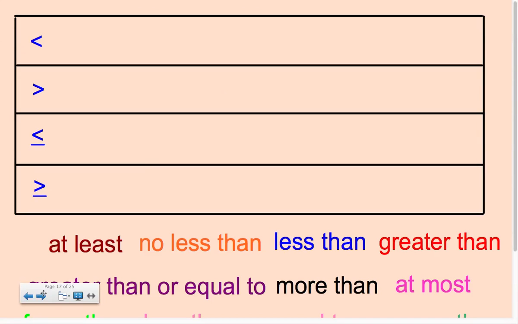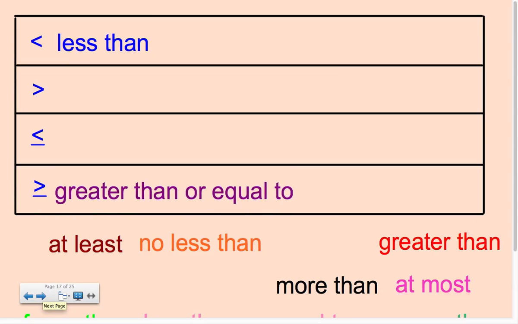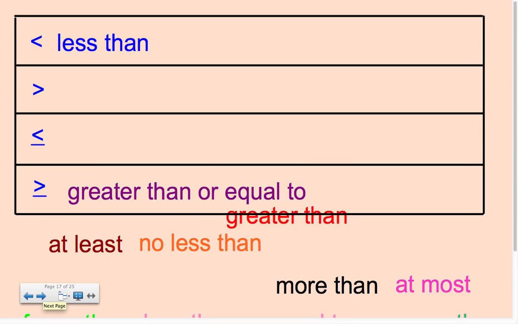Let's remind ourselves before we get into the word problems, all of the different words that we might see in our problems. So let's start with some of the easier ones. Less than, greater than or equal to, at least. Actually, that's not one of the easier ones. Let's go to the easier ones still. Greater than.